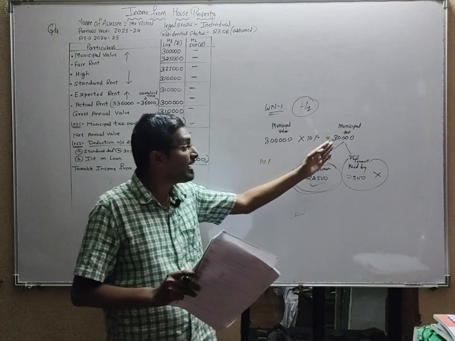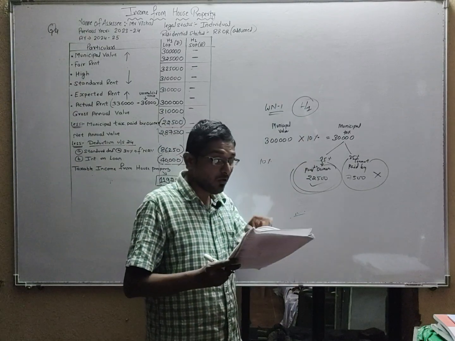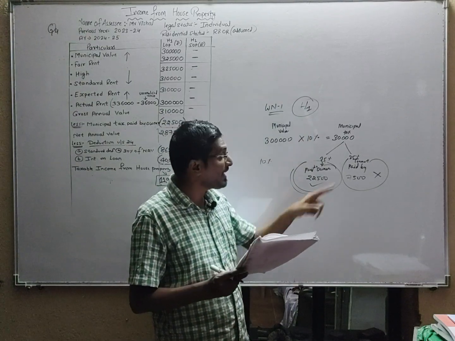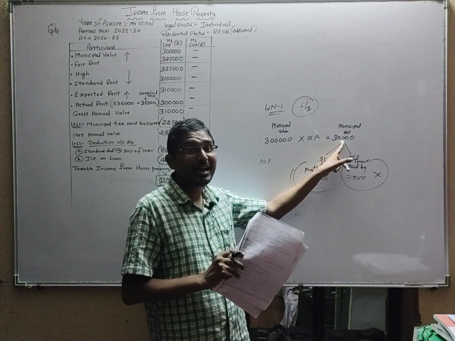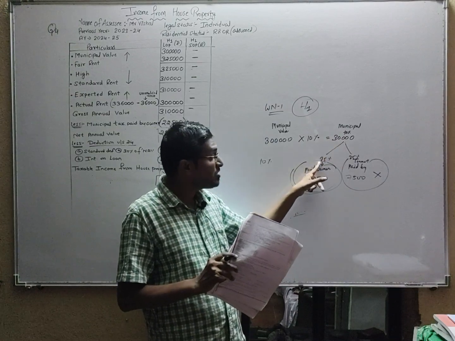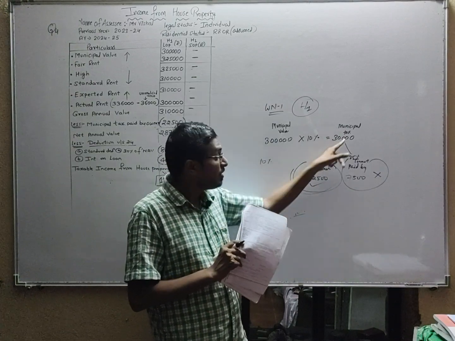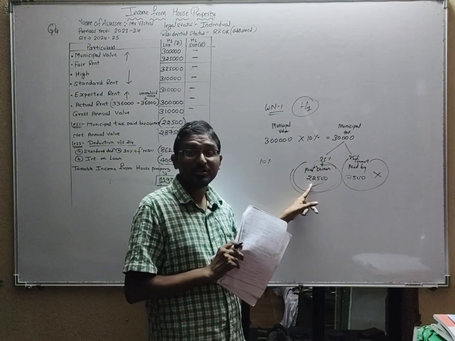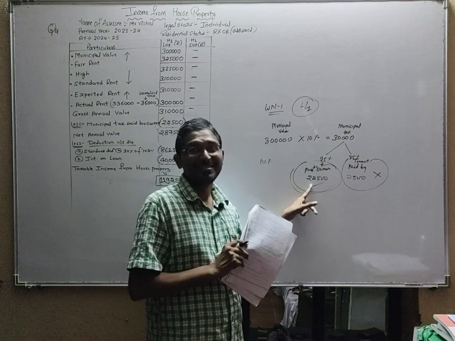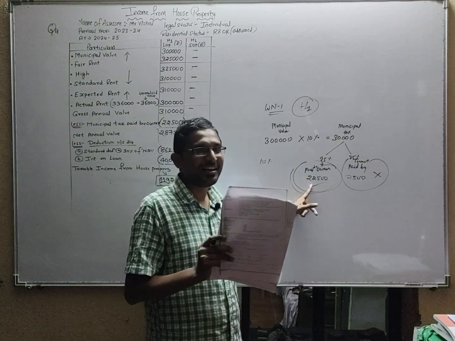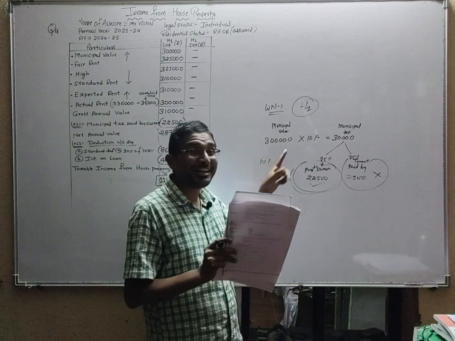Now we got municipal tax how much? 30,000. Okay, now below what they are saying, out of this 30,000 municipal tax, 75% municipal tax is paid by the owner. So 30,000 ka 75% is how much? Are you getting it? Okay, you don't do 75% of 3 lakhs.